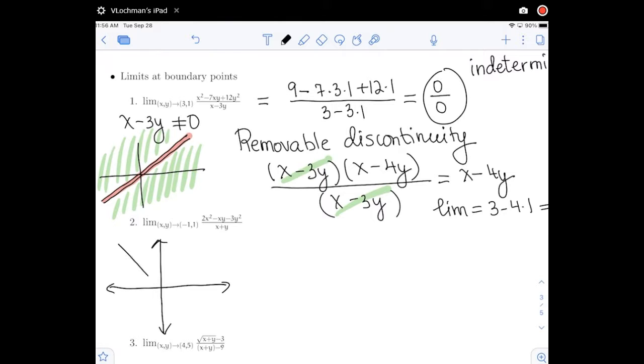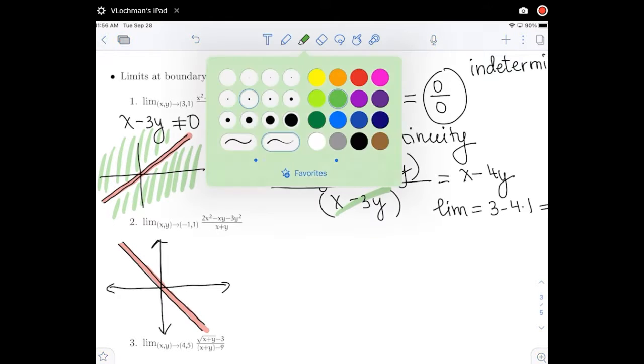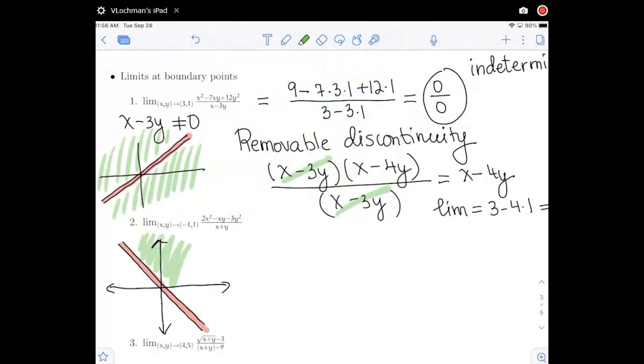The domain is everything but this line, x is equal to negative y. So we're going to exclude that. Everything else is okay. So you could have asymptotic behavior right around this line. So if we plug in (negative 1, 1), we're going to get 0 over 0.